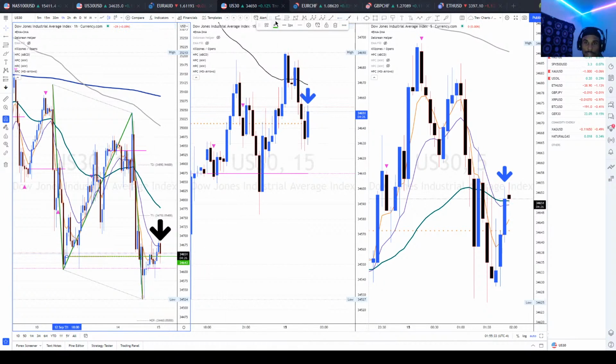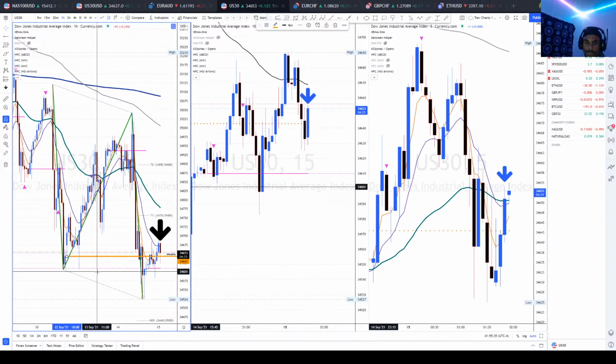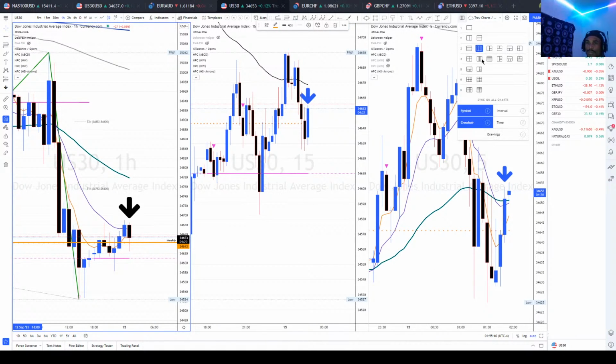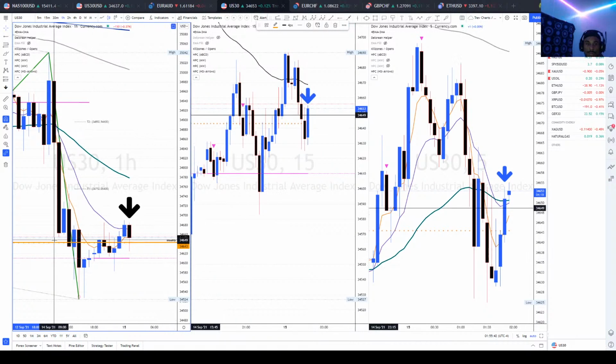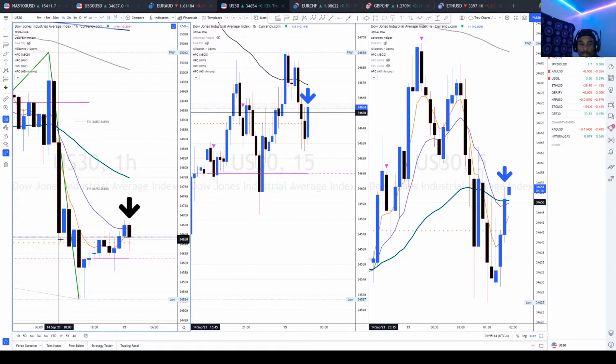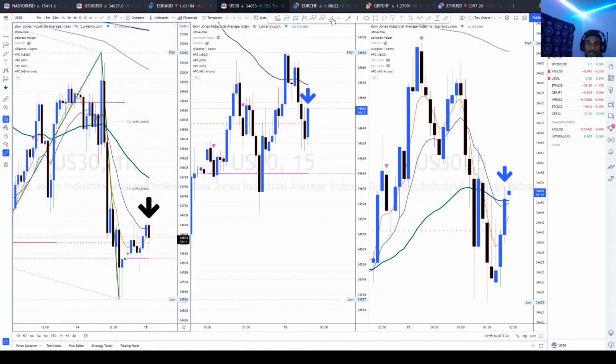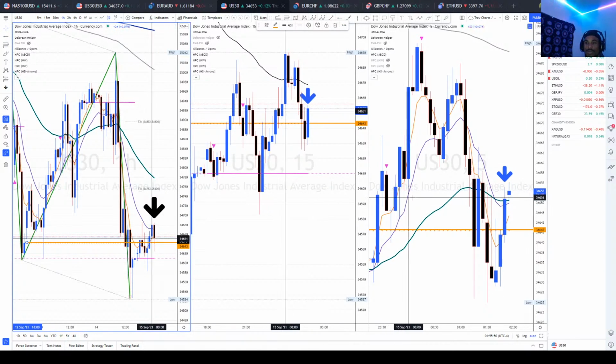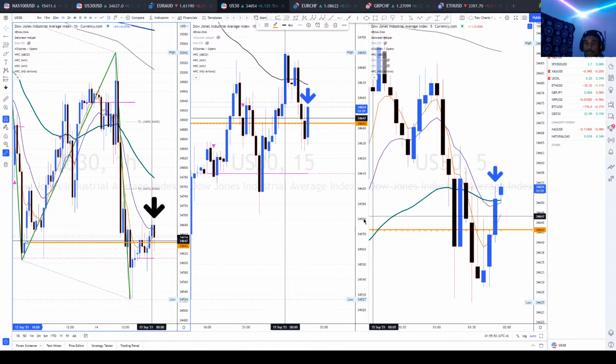So I'm going to draw this level right here so we can see it better. So what I want to see, and of course when I do that, boom, we're going to mark that as our weekly.